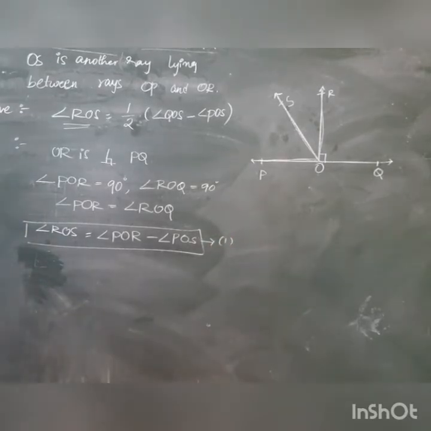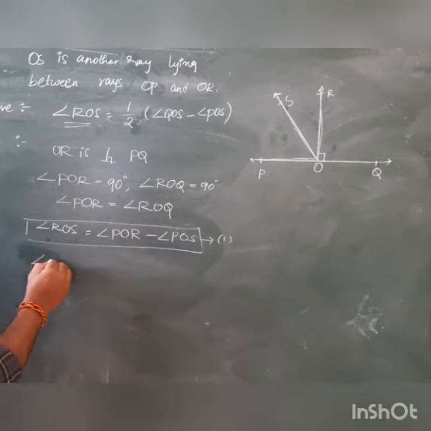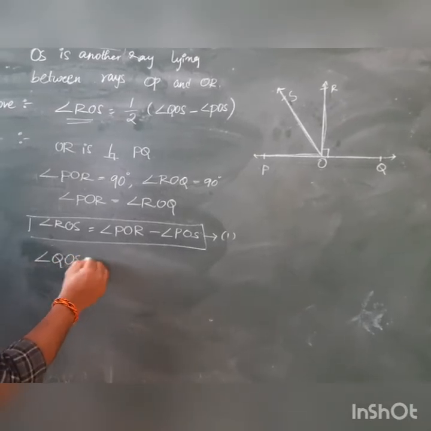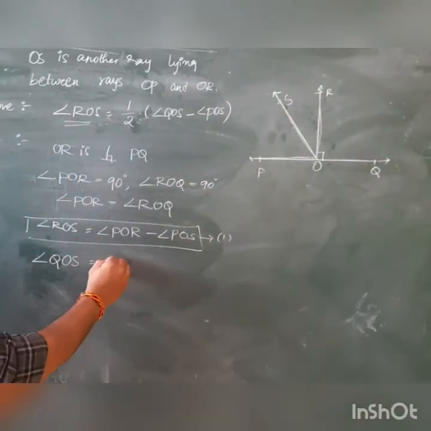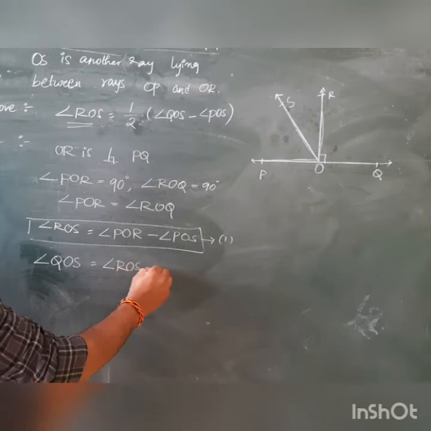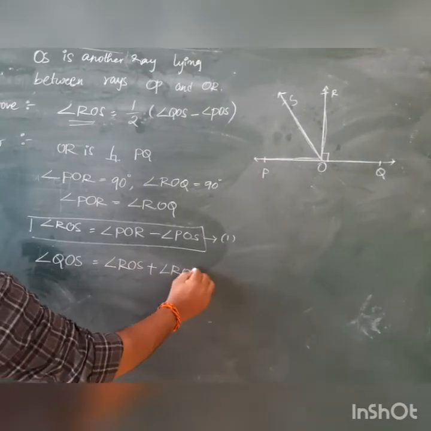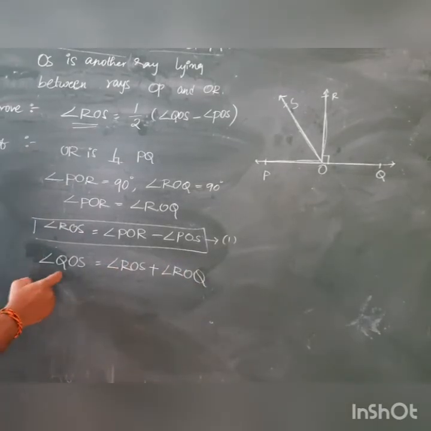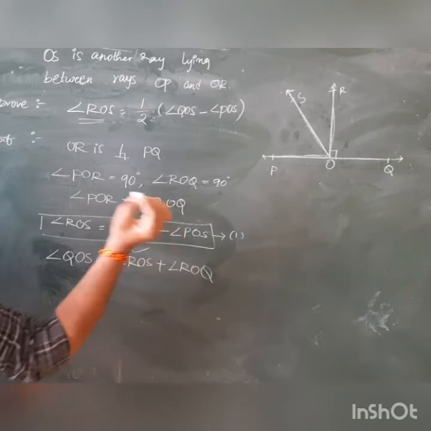Now let us take the other one, that is angle QOS. Here you can see angle ROS plus angle ROQ. When we add these two angles, we will get angle QOS. But what we require is angle ROS.